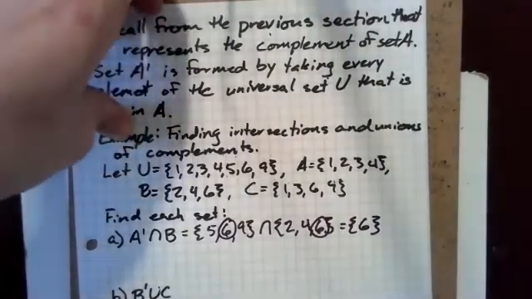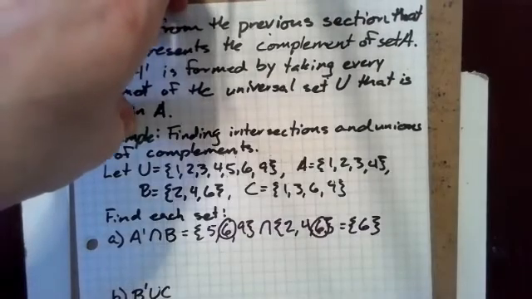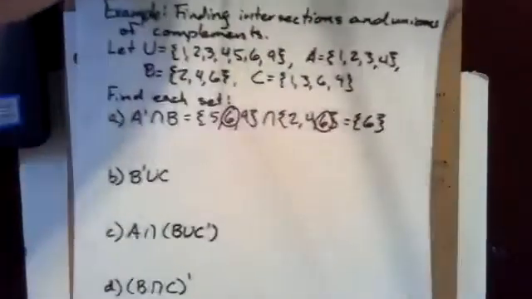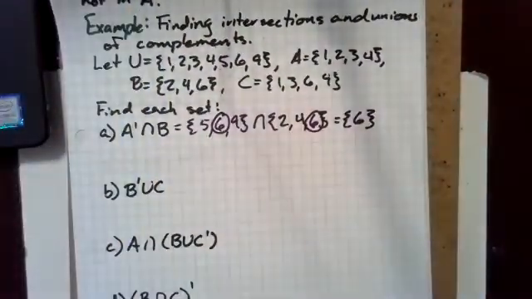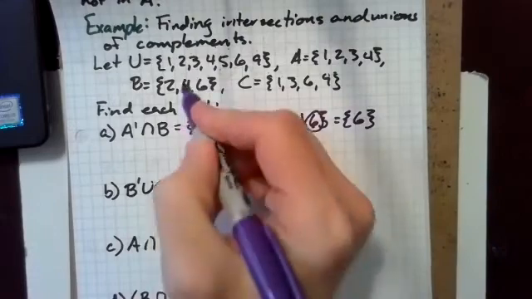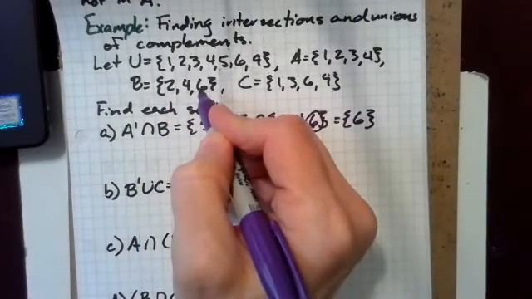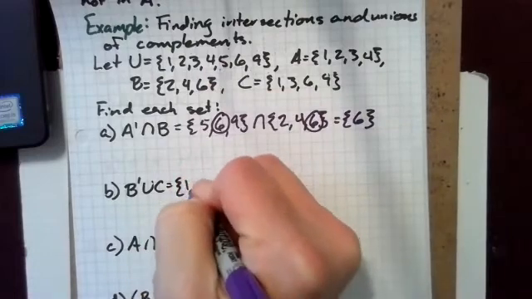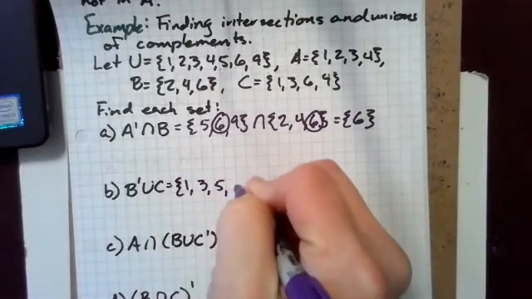Next, we look at the union of B prime and C. So B prime is the set that does not contain 2, 4, and 6, but contains everything else. So that's going to be 1, 3, 5, and 9.